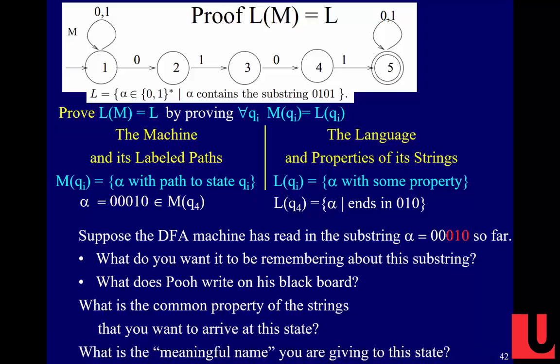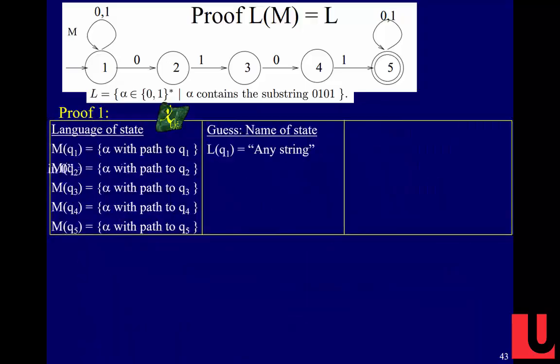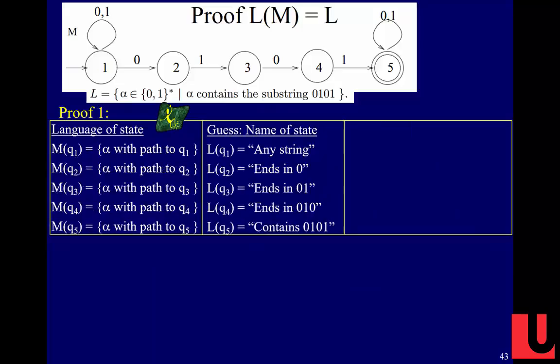So we can give names to these states. This is just what we did before. We give a name to each of these states. Now, here's another thing that you should remember. When you're doing this for a DFA, do these sets need to be disjoint?